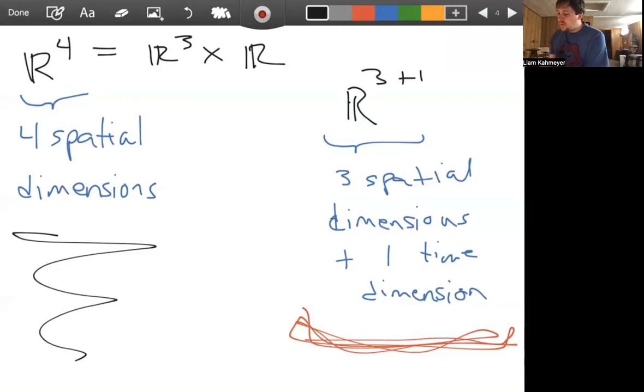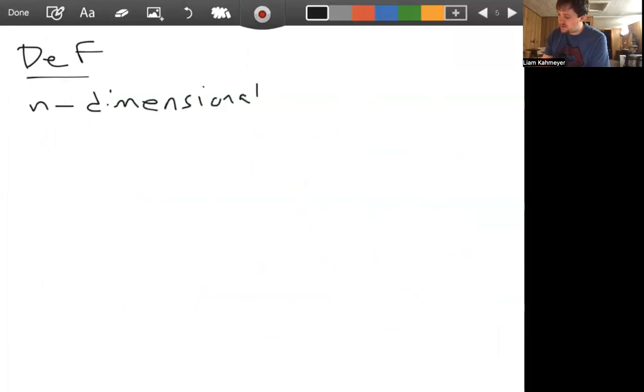So instead of just giving the definition of R4 and then so on, why don't we give a definition of Rn in general? So here, let's write a definition. Here's n-dimensional Euclidean space.